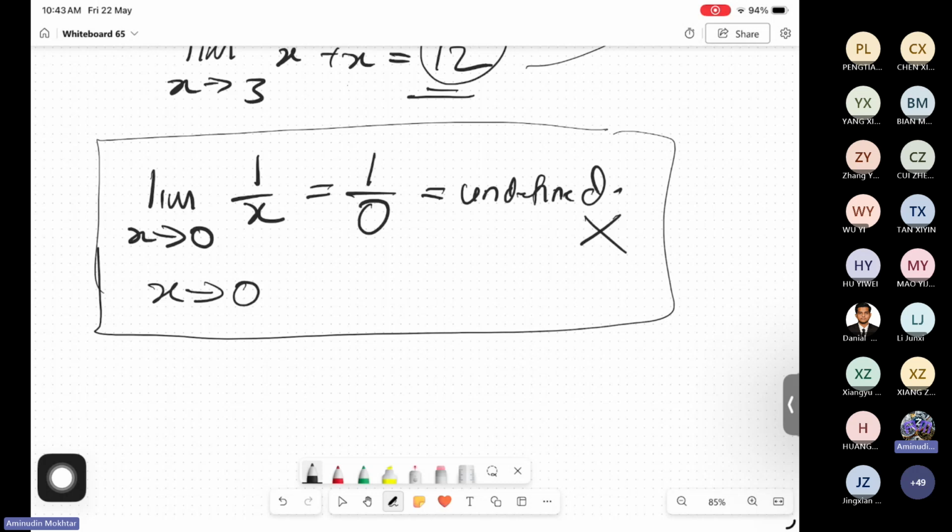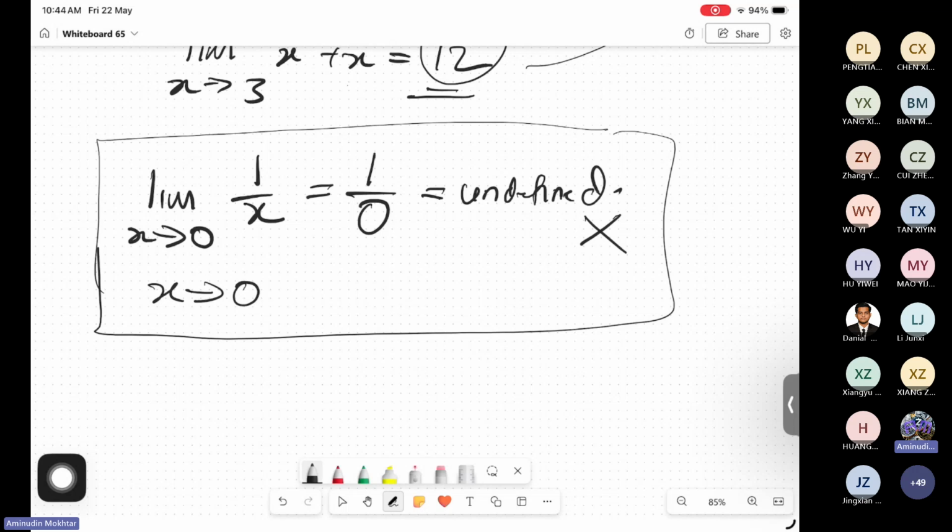Or if we cannot get any answer, maybe it is undefined, then we need to apply the original method of the limit, which is to choose numbers less than 0 or greater than 0 that x approaches. In the next session, I will show you in detail how to find the limit in this situation.